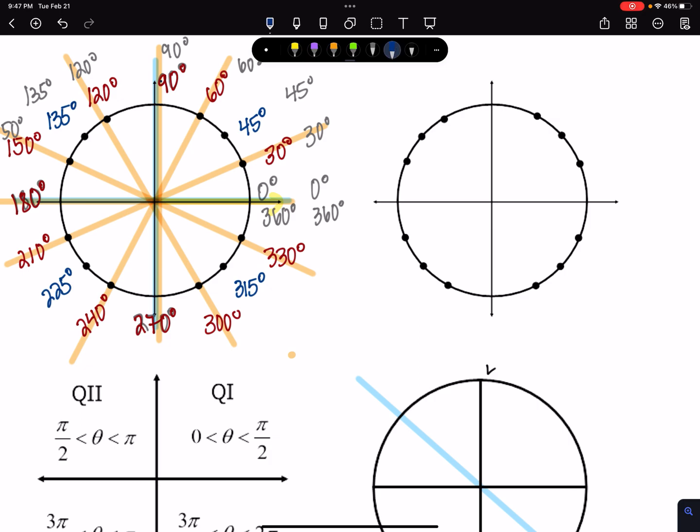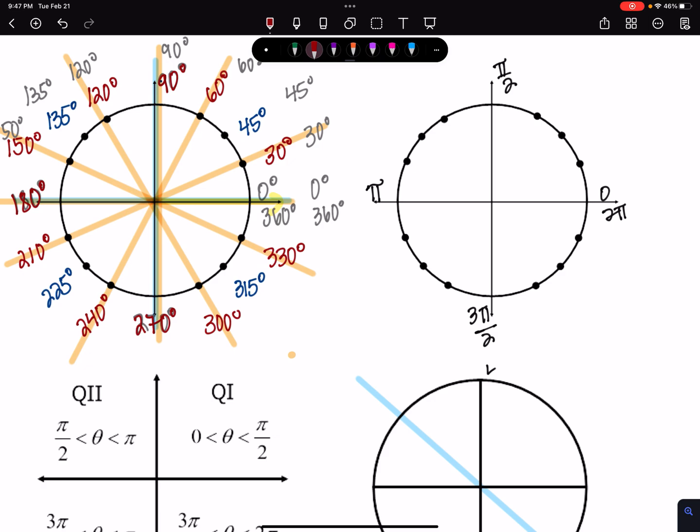So I start at 0 and then 2 pi, and I do all my axes. So I know that up here I've got 1 pi over 2, or just pi over 2. I've got pi and 3 pi over 2. And then of course we end at 2 pi, which I already wrote.